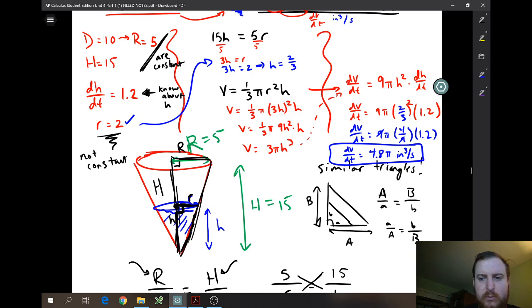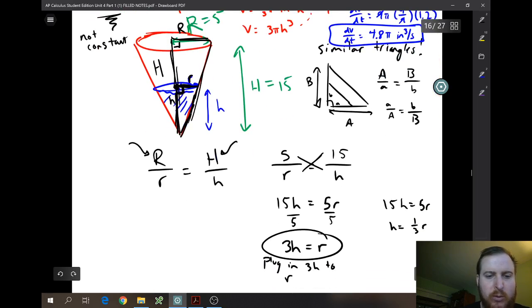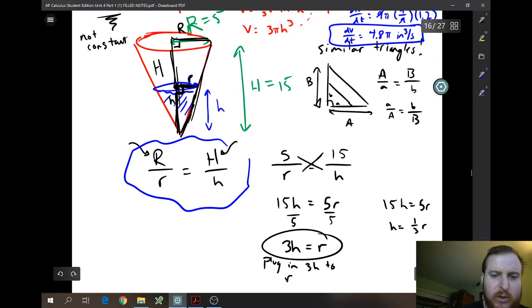So there's that. And I know this is a trickier question, but essentially what we want to remember about the process for cones is that when we have a cone, we always start off with similar triangles for cones, and we plug in the overall radius and height.